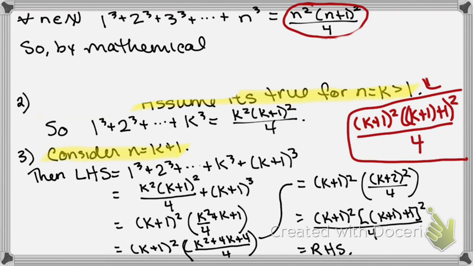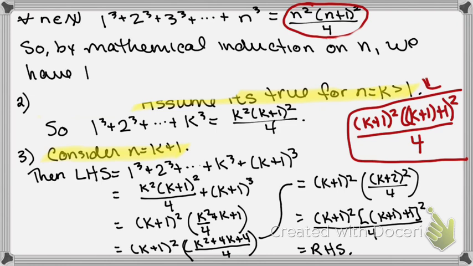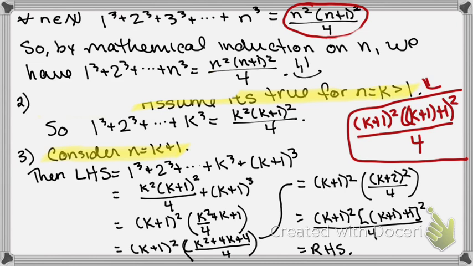By mathematical induction on n, we have 1 cubed plus 2 cubed plus ... plus n cubed equals n squared times n plus 1 squared over 4.